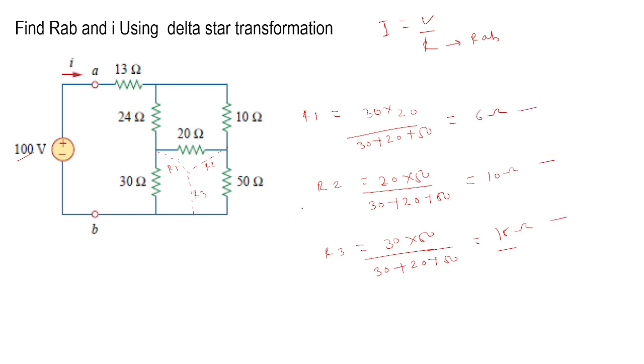So we need to redraw the circuit. We need to redraw the circuit like this. Plus minus, this is 100 volt. Again, this will be like this.